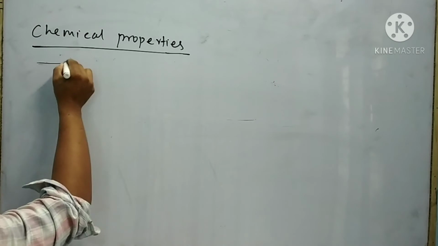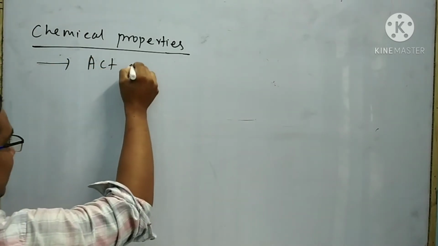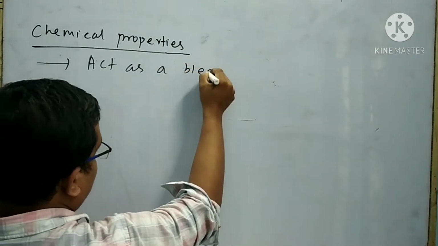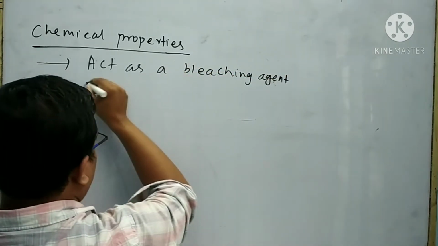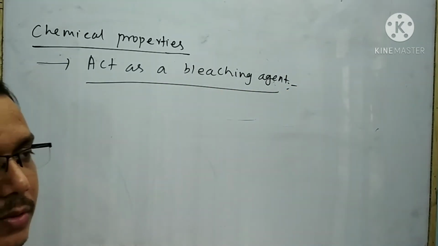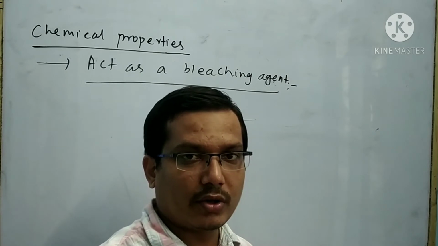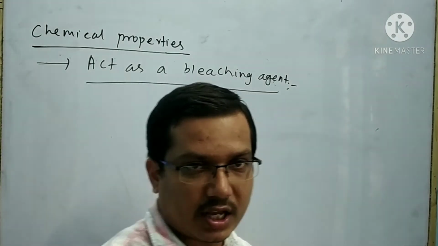Next I will explain how sulfur dioxide acts as a bleaching agent. The sulfur dioxide decolorizes the vegetable coloring matter to colorless matter. This is due to the reduction reaction.